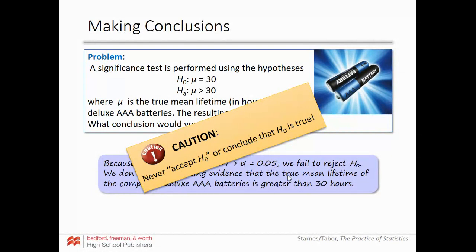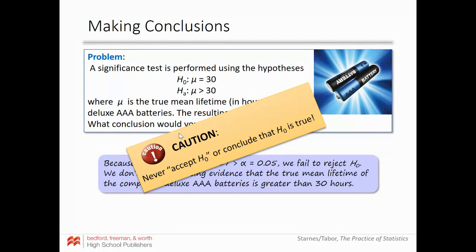This is a caution to everyone. We never accept H0 or conclude that H0 is true. We either reject H0 or we fail to reject it. Either we have statistical evidence against it or we don't. We never really get to prove that H0 is true.